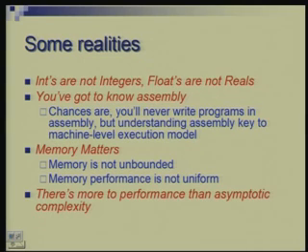Similarly, an abstract model of memory may say that it is simply an unbounded array of bytes or words, but physically memory is bound. You have a limited number of words or bytes, each has a fixed number of bits, and it may not necessarily be equally fast to read different words of memory.